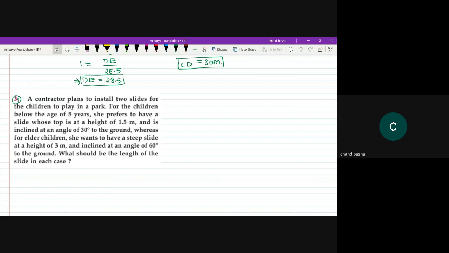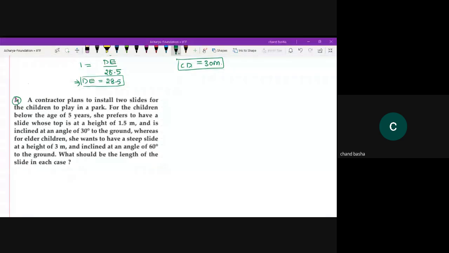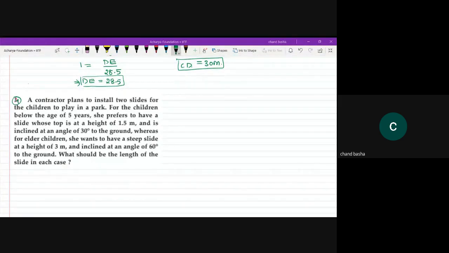Whereas for elder children, she wants a steep slide at a height of 3 meters, inclined at an angle of 60 degrees to the ground. What should be the length of the slide in each case?